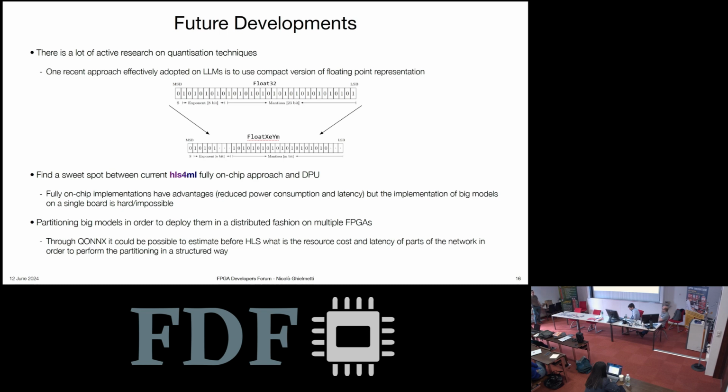This would probably enable bigger models to be implemented on FPGA by using HLS4ML. And lastly, another project is to partition big models in a reasonable way in order to deploy them in a distributed fashion on different FPGAs by using a tool called QONNX, that is the quantized neural network exchange format.